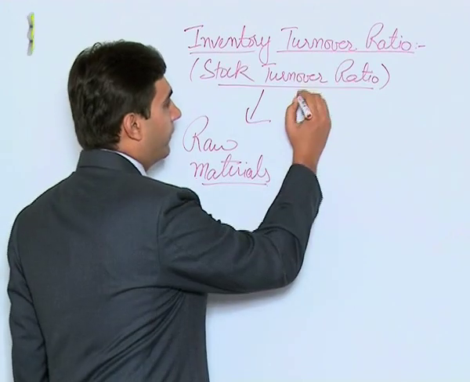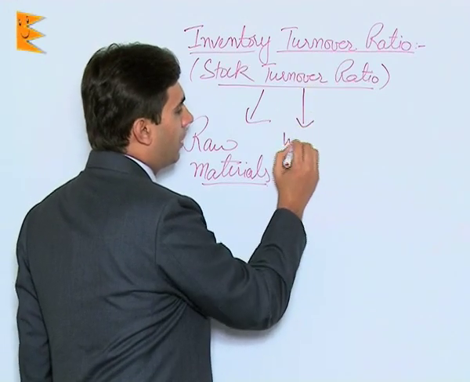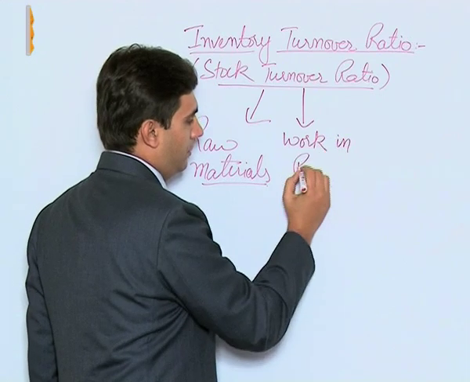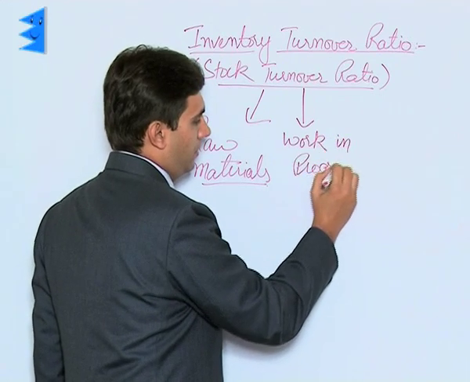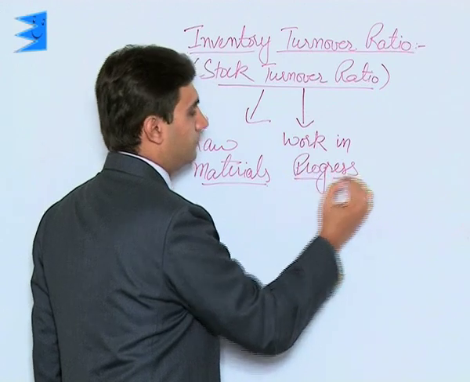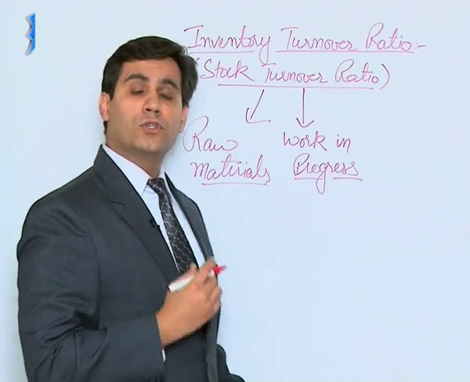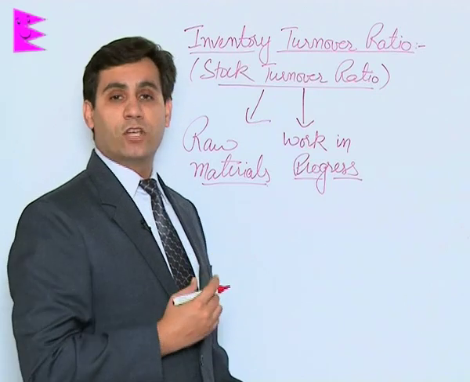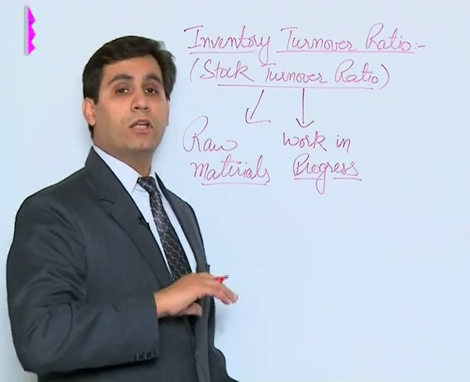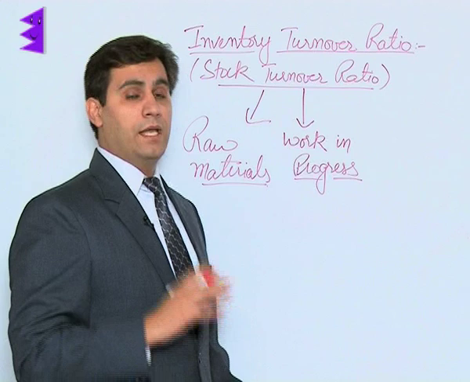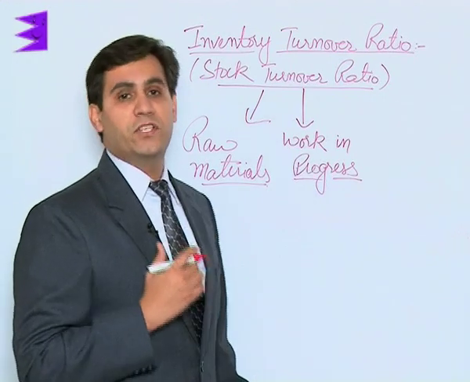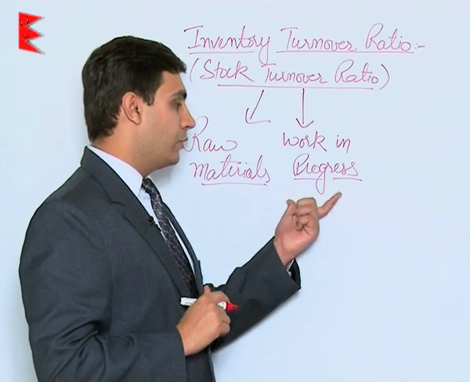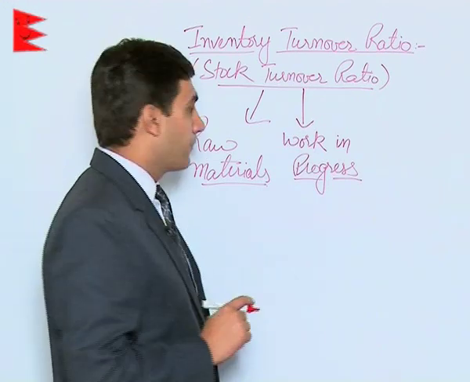Then we have work in progress. That is, those goods which are incomplete or still in certain stage of production. They are not entirely in the form of raw material and they are not yet finished as well. So they are in between the process of production. They are referred to as work in progress.